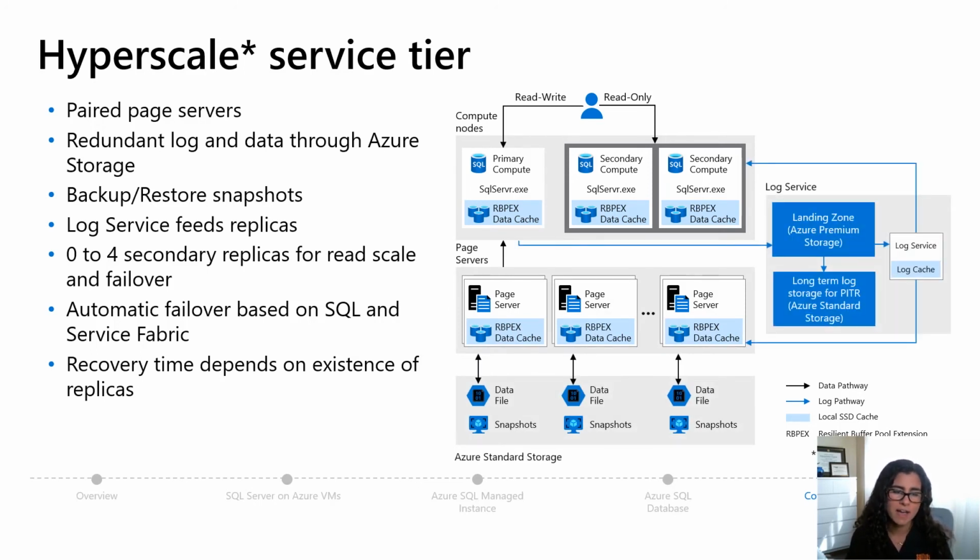A few things to call out. Now, from a read scale perspective, you can have between 0 and 4 readable secondaries. So in business critical, you can have 1, but in Hyperscale, you can have up to 4. So this can really help you with workloads that are really read heavy, and you don't want them to interfere with your write workloads. Additionally, you have your backup storage, and we're using some snapshot technology, which really allows us to do things very quickly.